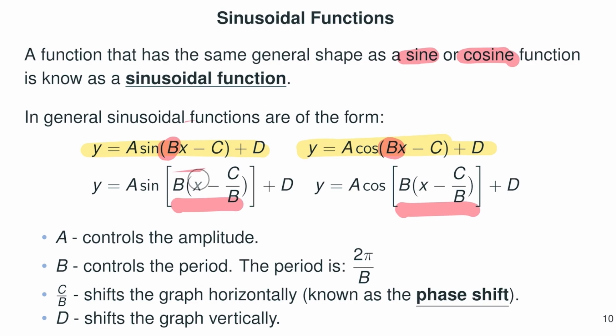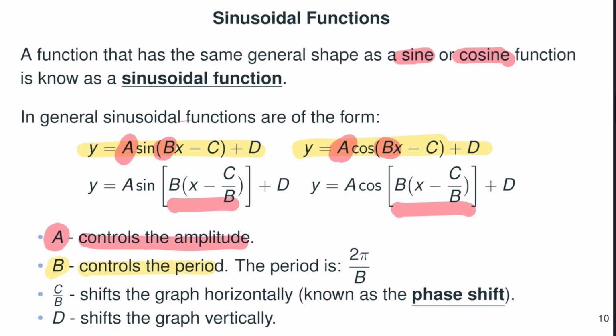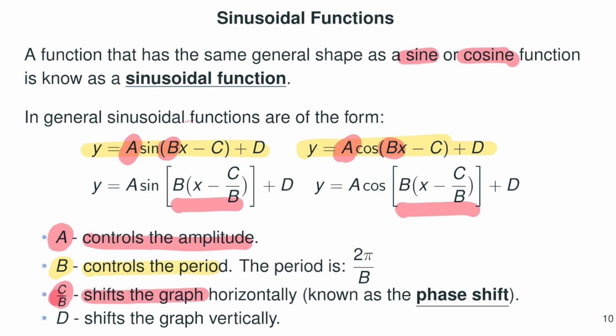So what does each letter represent? Well, A represents amplitude. It controls amplitude. That's the height. We can say the height of the sine cosine function. And B controls the period. And period actually stretches or shrinks the graph left and right horizontally. C over B is the shift of the graph horizontally.